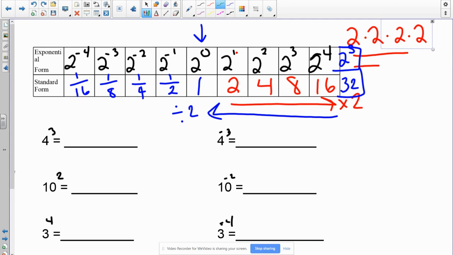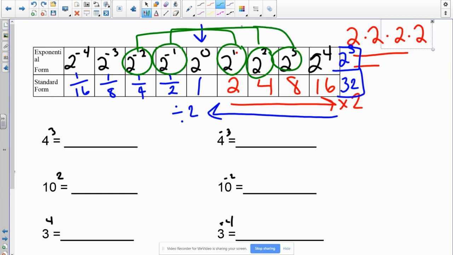Here are some more patterns I want you to notice. Let's look at 1 and -1. Here's 1. Here's -1. What patterns do you notice? Or 2, -2. 3, -3. 4, -4.